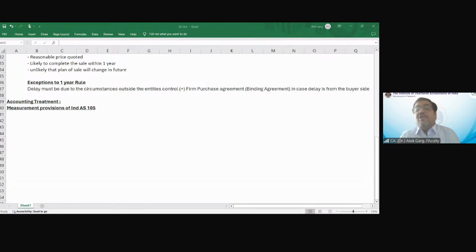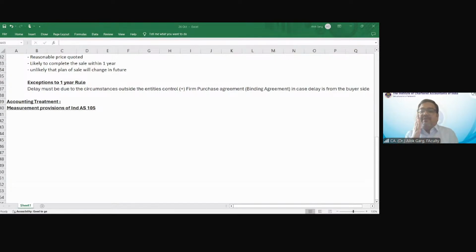When this building was purchased, it was a PPE. Up to 30th June, this building was PPE. But on 1st July, this building will become NCHFS. So up to 1st July, you have to compute the carrying value of this building as per Ind AS 16.